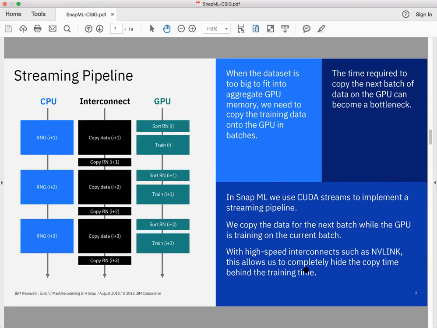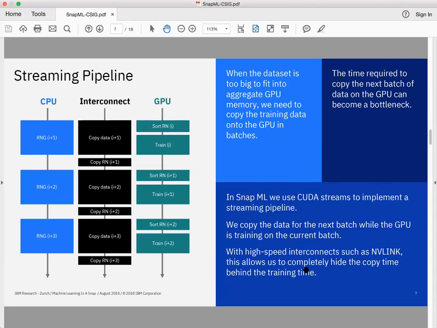Maybe you have a fixed infrastructure, maybe you have a fixed cloud budget. So it's very often the case that the data set is so big that it does not fit in your GPU memory. So in that case, what we need to do is to batch the data. So you need to split the data set into smaller chunks, which can fit in the GPU memory. And then we partition the GPU memory into one area, which is a copy buffer, and the other area is the active memory region which the GPU is training on.